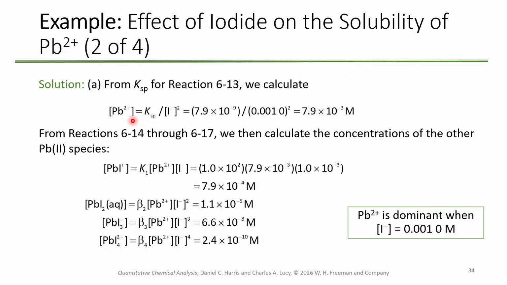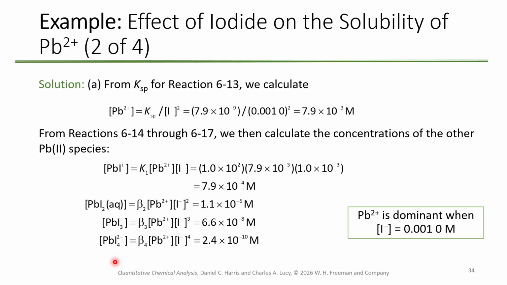Okay. And so we're going to come down here and we're going to take each of these species. We would then look up their constants. In this case, are these solubility products? They'd be formation constants, right? Yeah, because we're actually forming complexes.